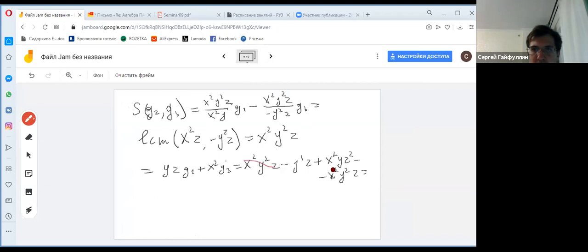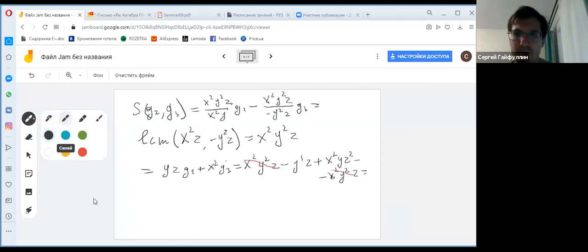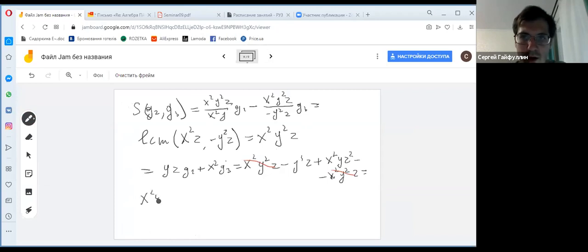These two guys vanish, and we obtain x squared y z squared minus y cubed z.